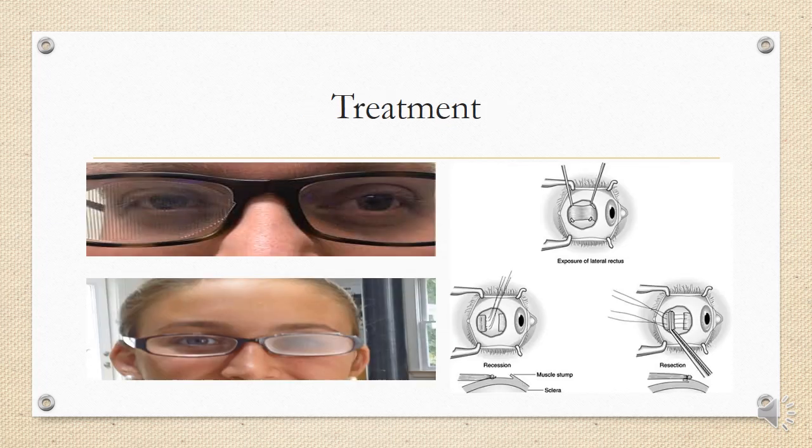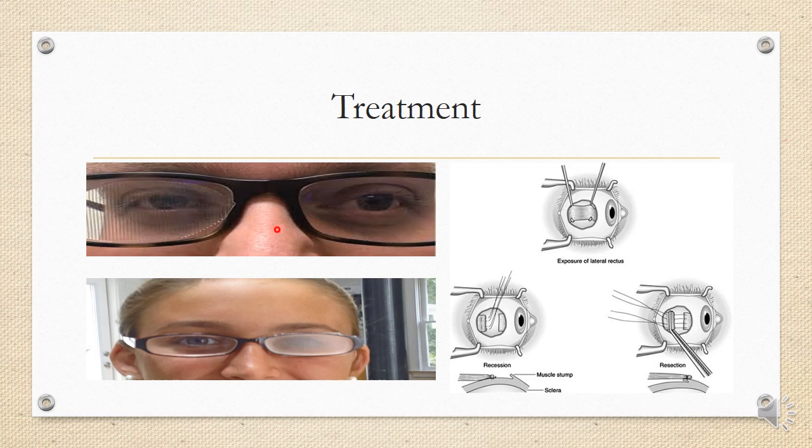Treatment wise, the treatment remains quite similar to other cases. Either you have to treat the cause, whether it is neurogenic or other things, along with conservative measures to reduce the amount of diplopia. Prisms can be given, so Fresnel press-on prisms with base in can be given to such patients.